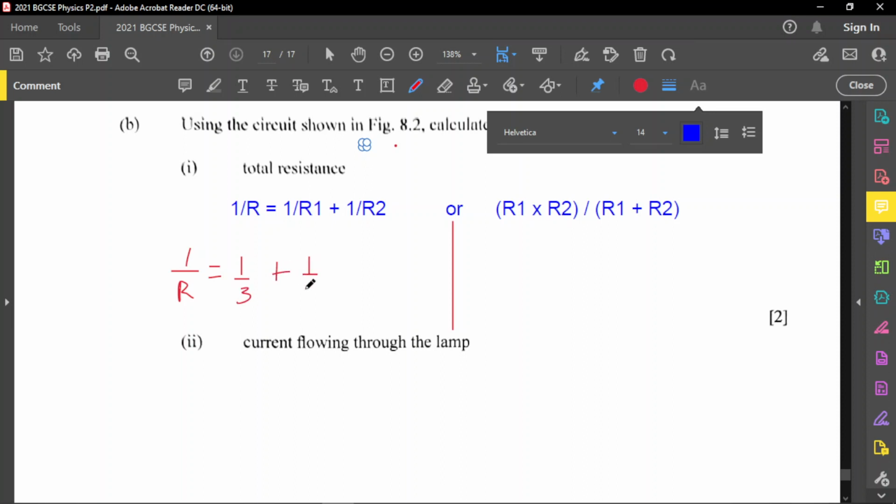Let's use 12 as our common multiple. 3 into 12 goes 4 times, so we put 4, and 4 into 12 goes 3 times, so we put 3. So here we have 7 over 12 for 1 over RT.